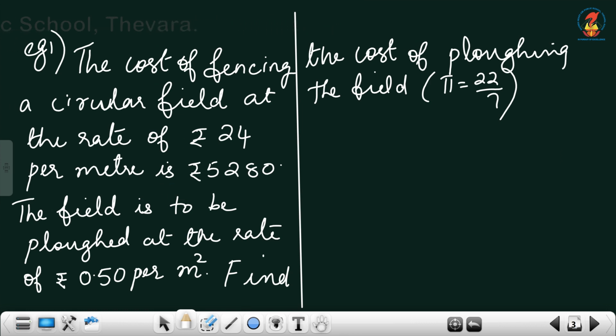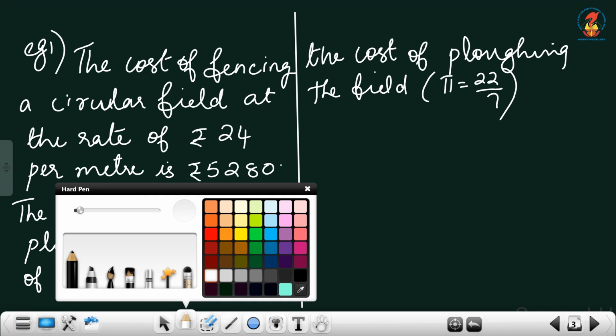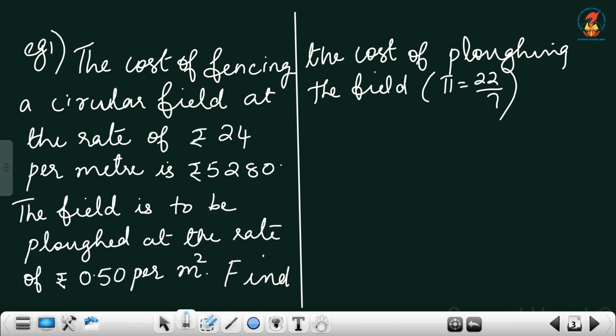The first problem is the cost of fencing a circular field at the rate of rupees 24 per meter is 5,280. What is given?